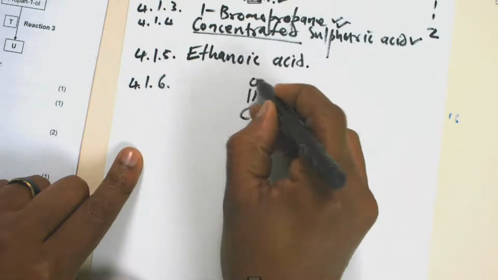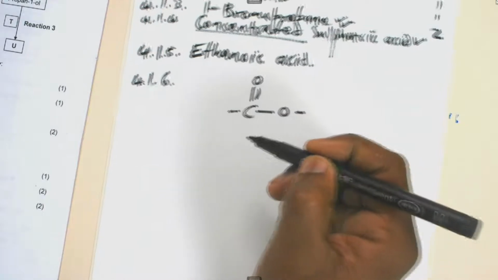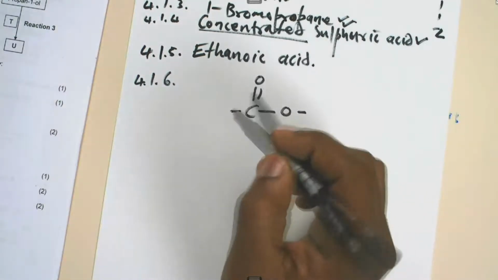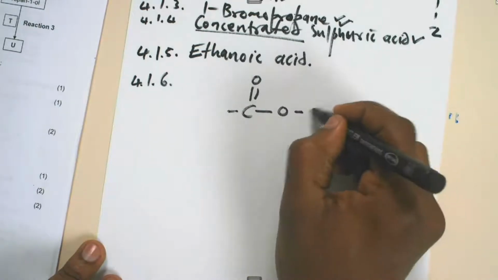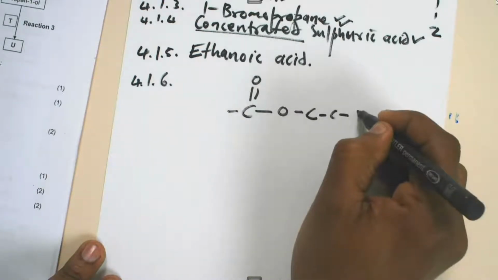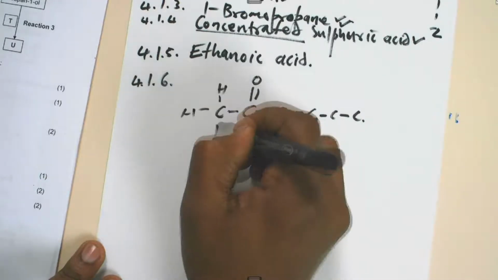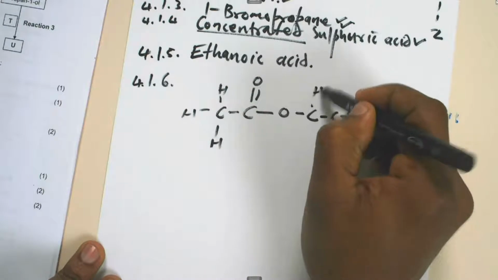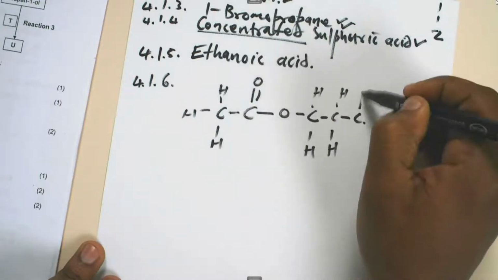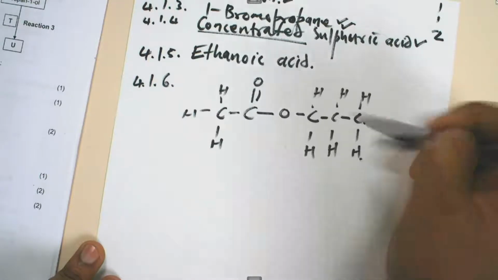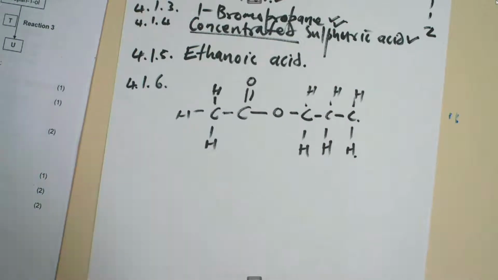Then 4.16, the structural formula is us now having the correct functional group thereof. So it is an ester, so we will have C, C, C, and then we'll have another C here. So this will be propyl ethanoate.